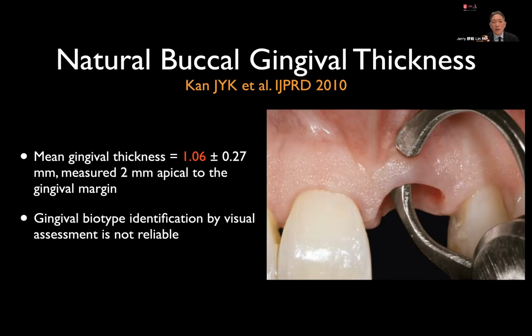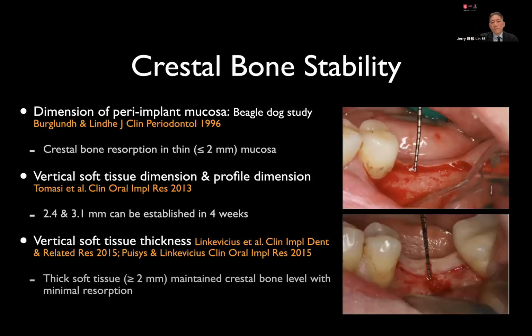And how thick should it be? First, we want a good volume, and also we want to mask the color from the abutment or the implant metal. The other thing we consider is that the soft tissue volume would affect bone stability.